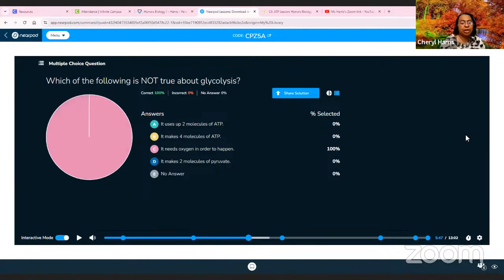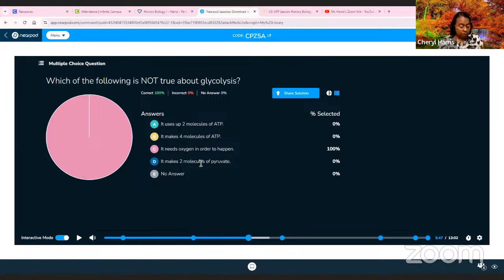Thank you. Good job. All right, so C, it does not have to have oxygen. He did say that it requires 2 ATP molecules, so it does use them up, and in the process of breaking down the glucose, it's going to make 4 at the end.